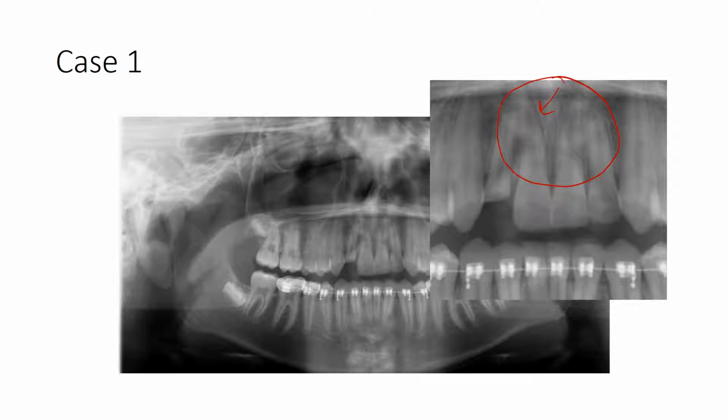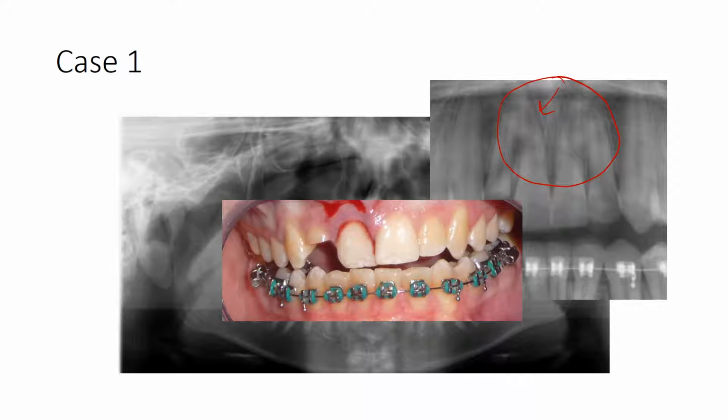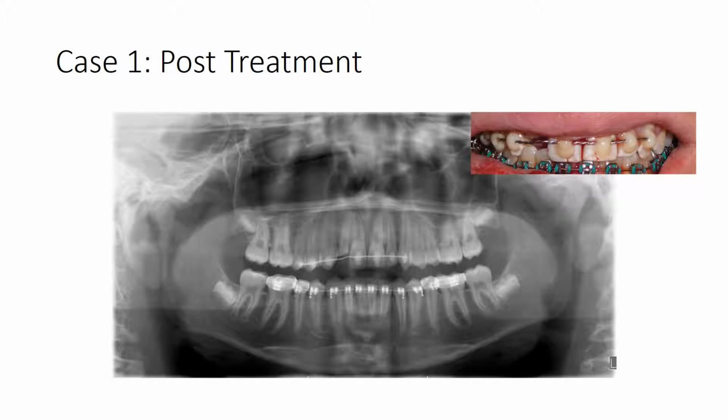And clinically, this patient looked like this. So this patient indeed had a fracture of that right maxillary lateral incisor and had a mild luxation or displacement of that right maxillary central incisor.